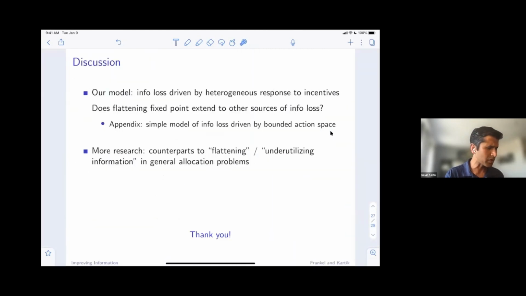So let me just conclude by pointing out that one thing we think is very useful for further research is precisely what I alluded to, which is if you have nonlinear models or more general allocation problems, multi-dimensional allocation problems, high-dimensional ones, what are the counterparts to our flattening or underutilization of information? What would be good counterparts to those? We think that is a very interesting area for future work.